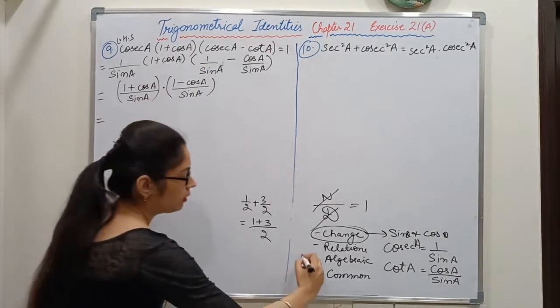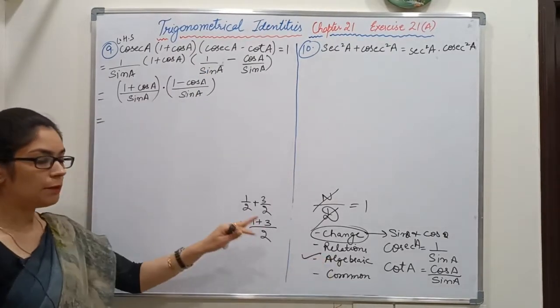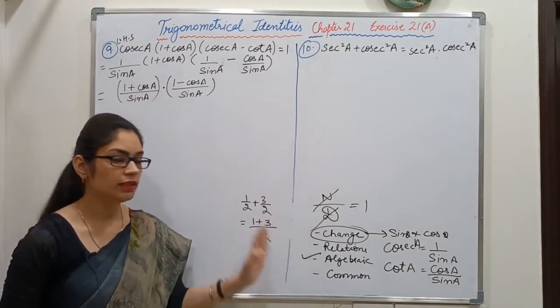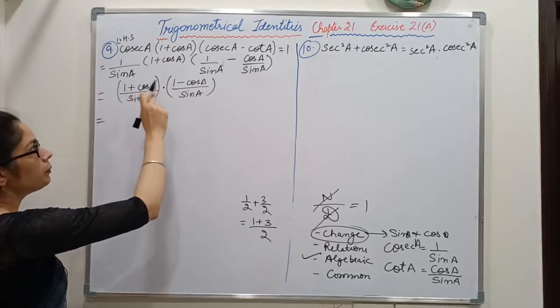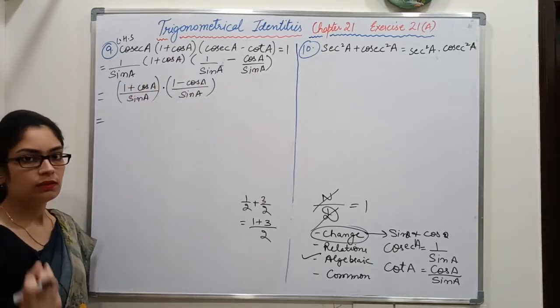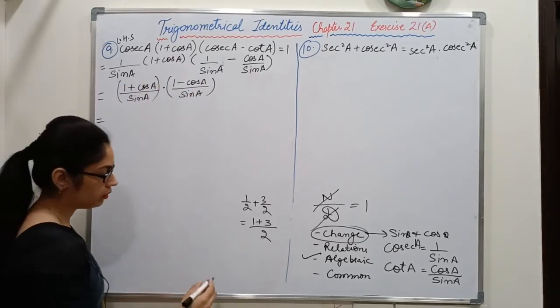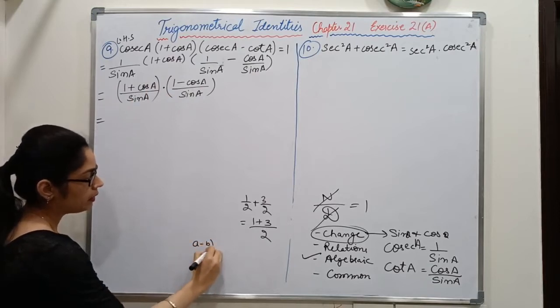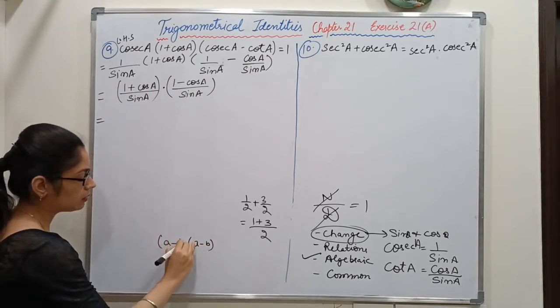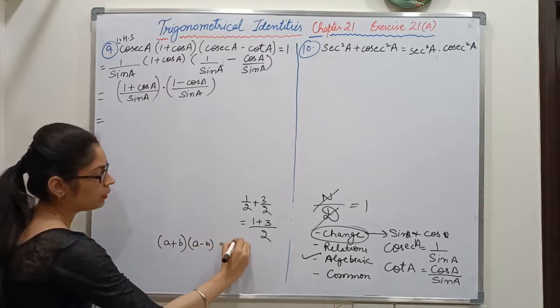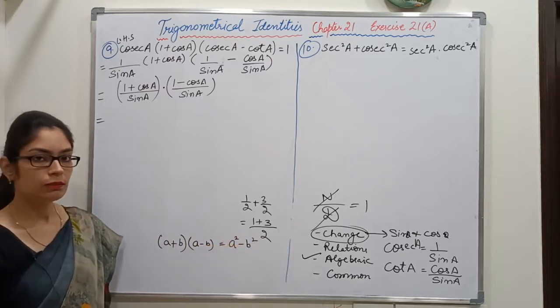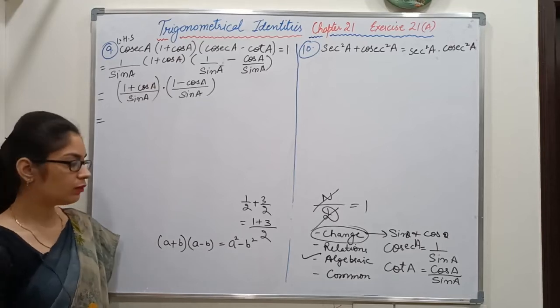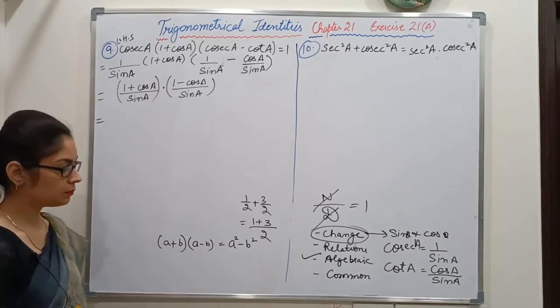Now see, I am using these 4 things only in each and every question. A plus B into A minus B, same as we did in the previous question also. A plus B into A minus B is equal to A square minus B square.